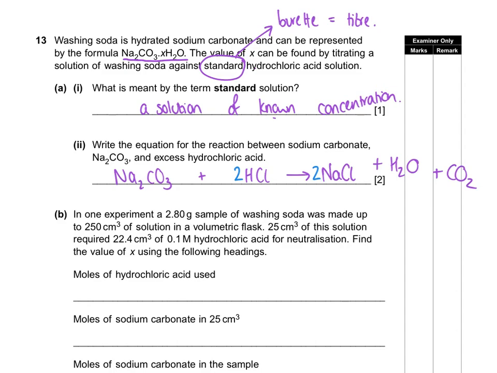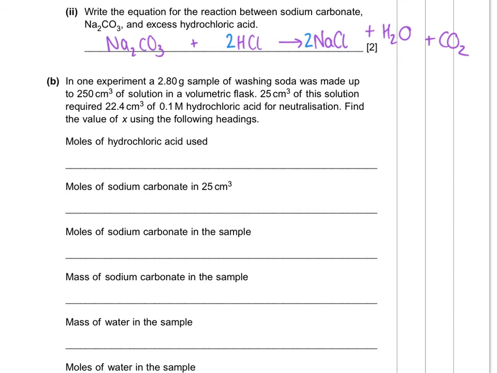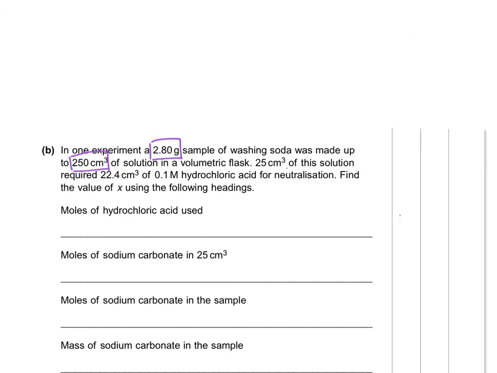Okay, so ready to jump into the question then. We have got 2.8 grams of our washing soda crystals being made up to 250 centimetres cubed in a flask. So let's just draw a wee diagram of that very briefly. So we're dissolving our 2.8 grams in water, and then we are making that up to 250 centimetres cubed.